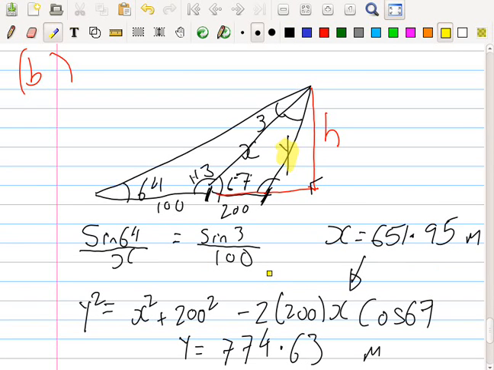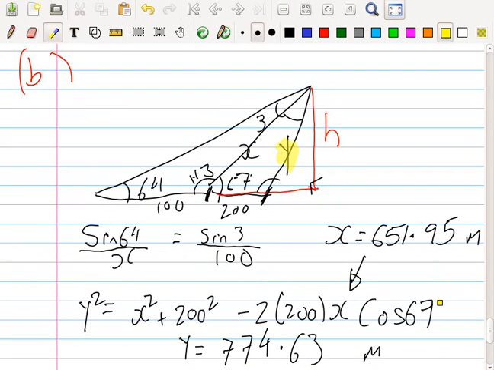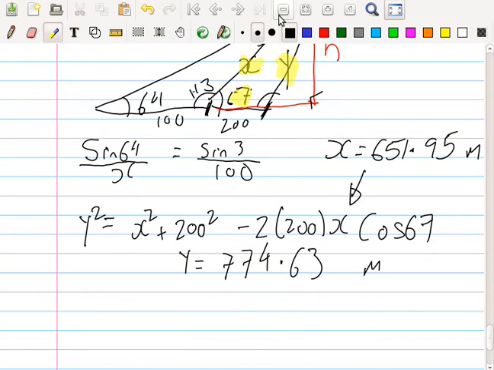What else do I know? Tricky, tricky, tricky. What else do I know? I know x. I know this. I wonder, should I try to find these angles? Yeah, I think I'll try to find this angle, because once I have this angle, I have this angle. So, sine rule.